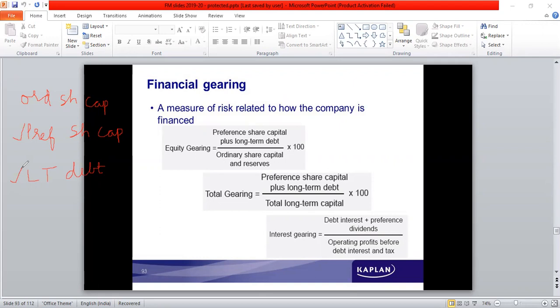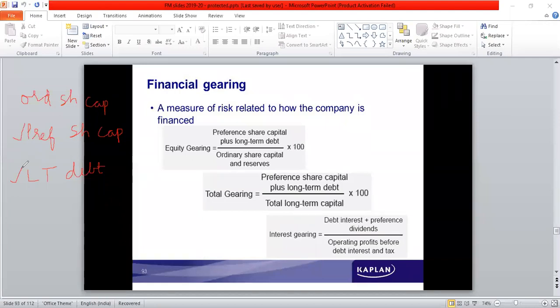Ordinary share capital, there is no fixed percentage. Every period it is decided in the annual general meeting about how much of the profits will be distributed to them as dividend. So that is a variable component. There is no fixed obligation. Sometimes in certain scenarios, no amount of dividend is paid even after profits are available. Such situations we can also come across.